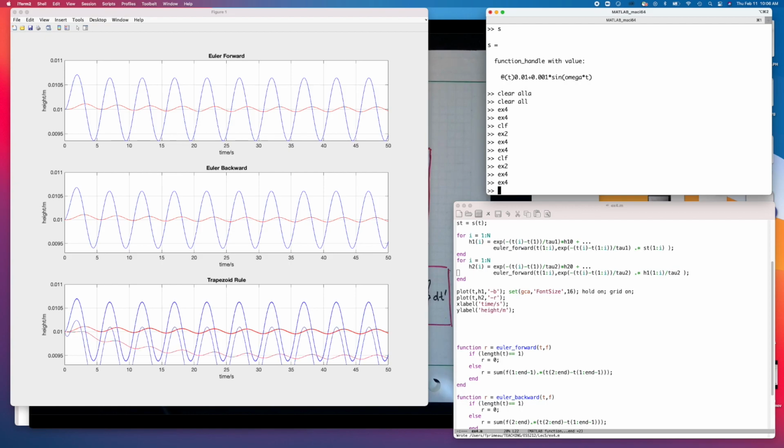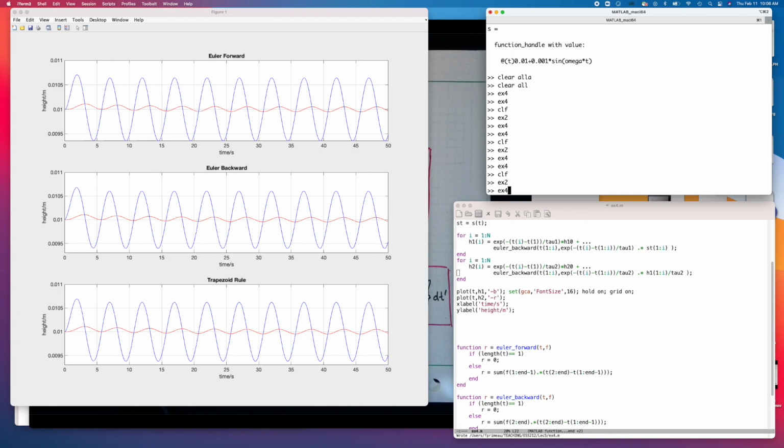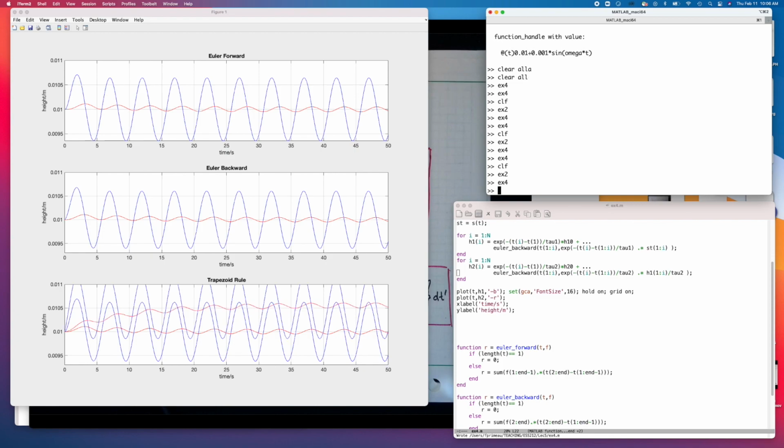And now the error is terrible, right? So these convolution integrals are quite sensitive to the integration rule. Let's test the Euler backward one. And it's wrong the other way, but the trapezoid rule seems to do quite well.